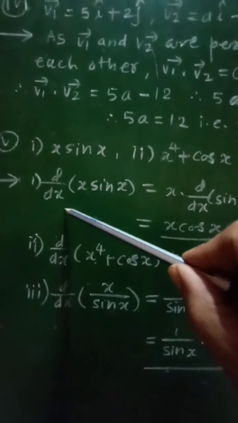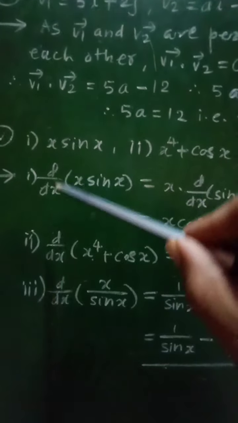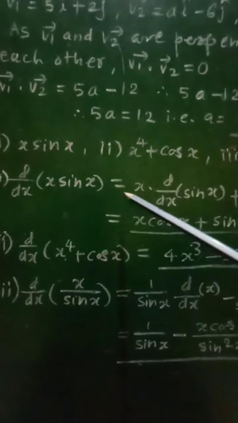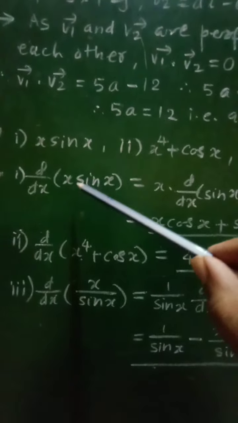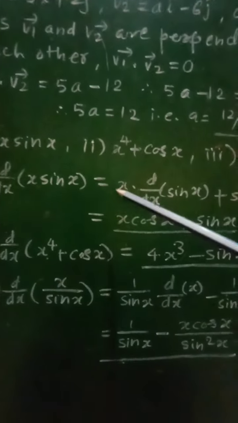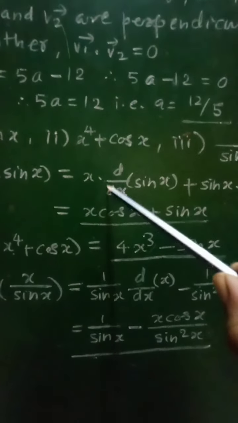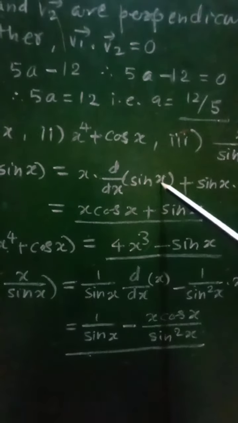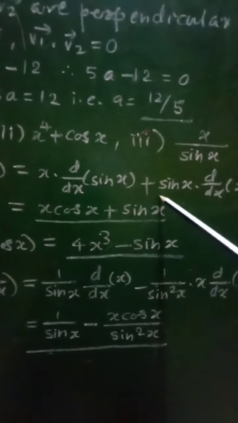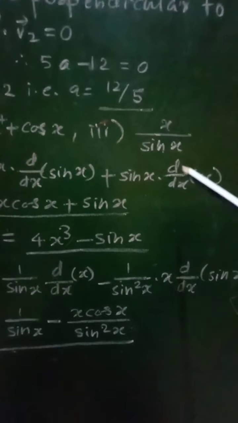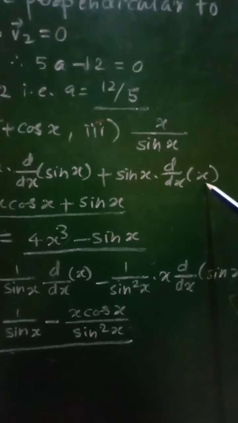The derivative of x sin x will be written as d by dx of x sin x, which will be equal to, by the product rule, that is d by dx of uv, x into d by dx of sin x plus sin x into d by dx of x.